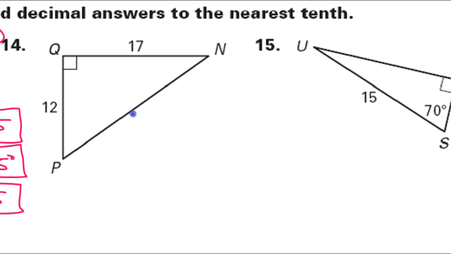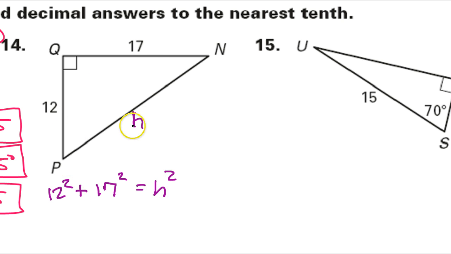So let's see. I'll call this h for hypotenuse, since that's what it is. So remember how we could do a squared plus b squared equals c squared. So for the Pythagorean Theorem, that would be 12 squared plus 17 squared is equal to h squared.